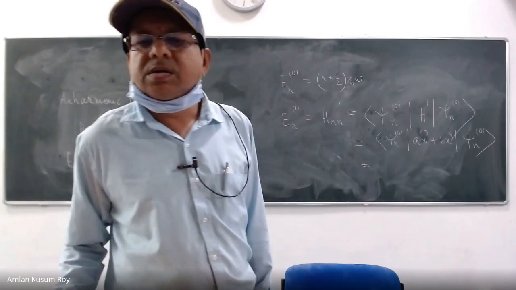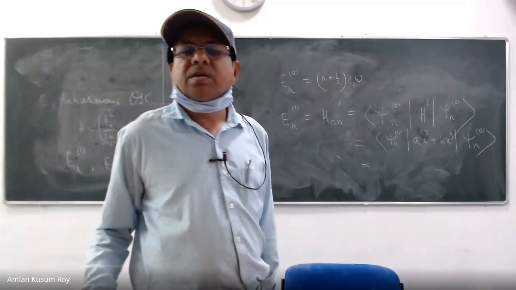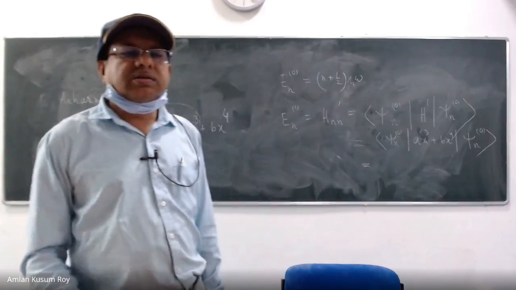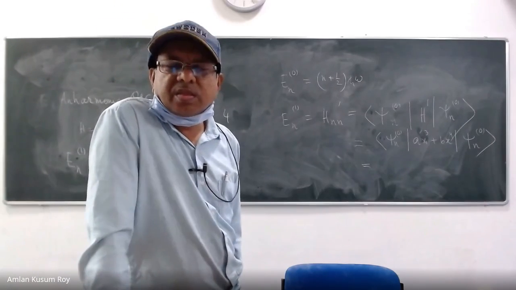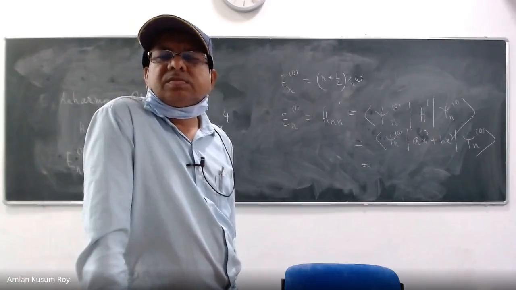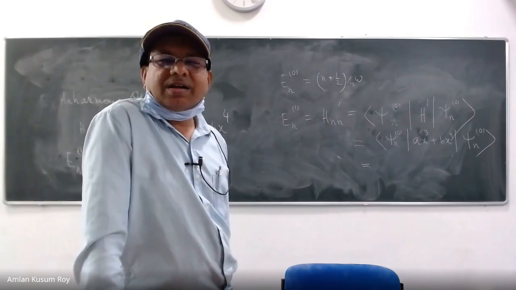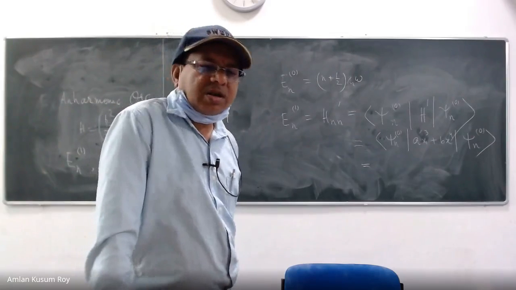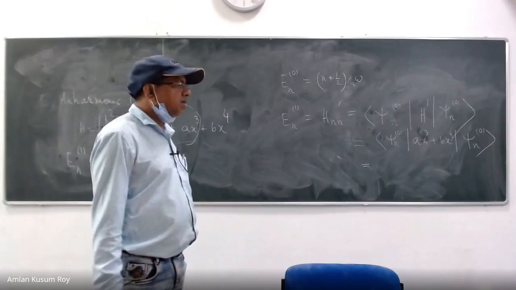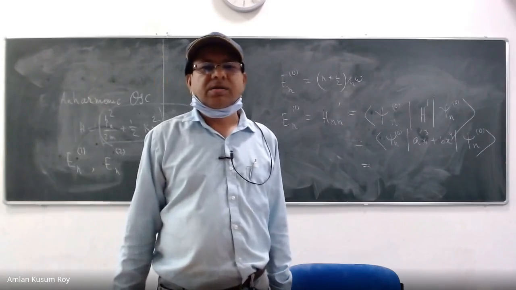Nobody can say? That's not a very good sign. Somebody should know. Sir, it comes in Gaussian form, e to the power minus alpha x square.